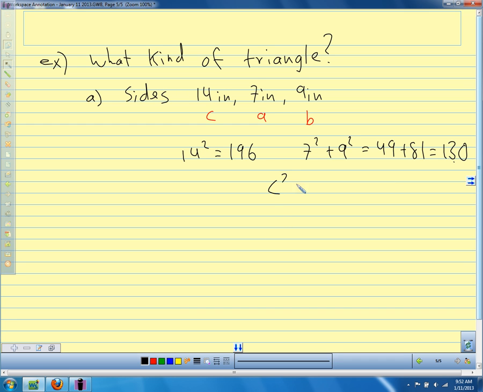So C squared is greater than A squared plus B squared. So what kind of triangle is it? This is obtuse. C squared is bigger, my hands have to open up further, so I have an obtuse triangle.